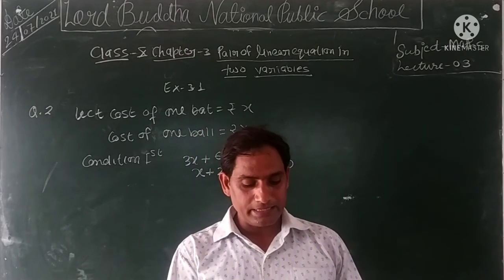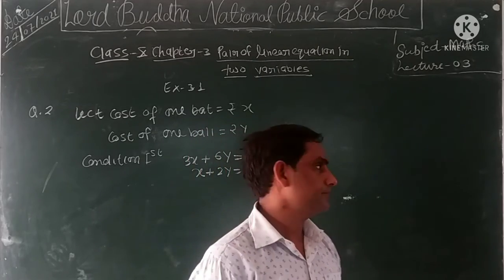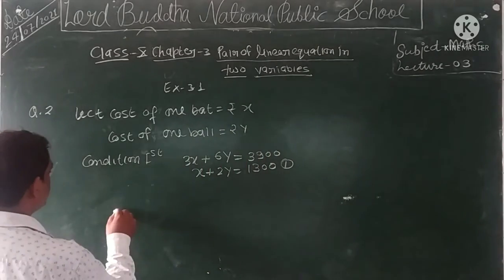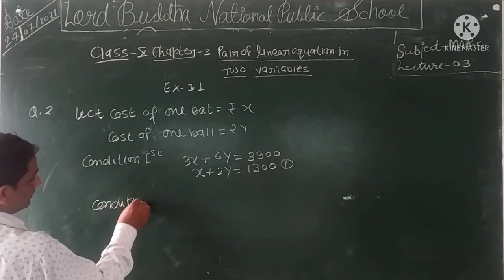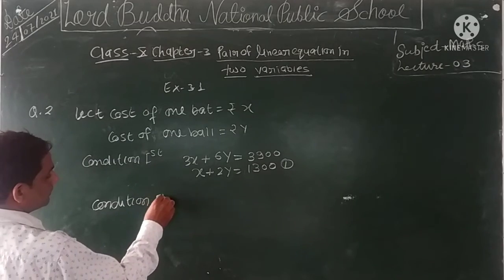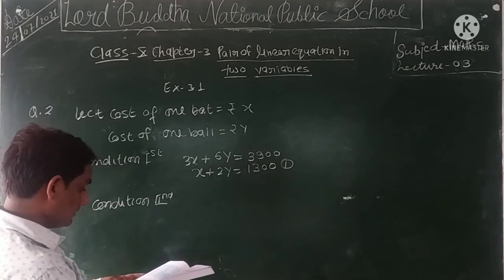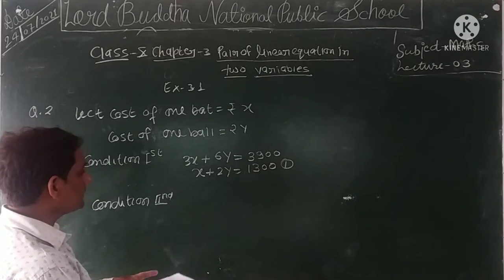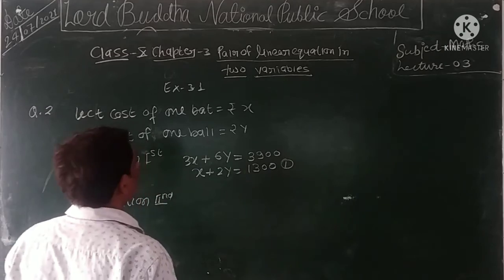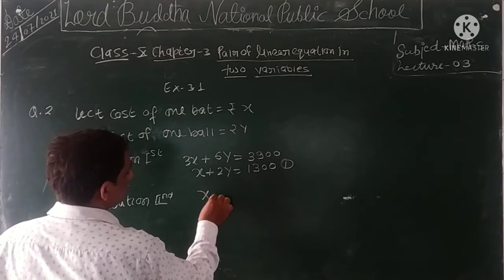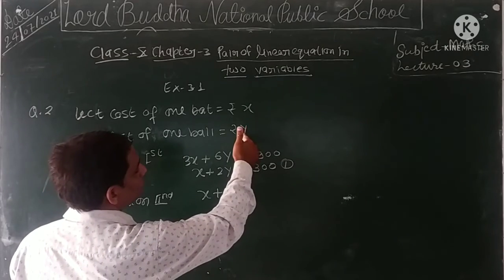Now, according to the second condition, she buys another bat and 3 more balls. Another bat, here 1 bat. The cost of 1 bat is x, and 3 more balls. The cost of 1 ball is y.